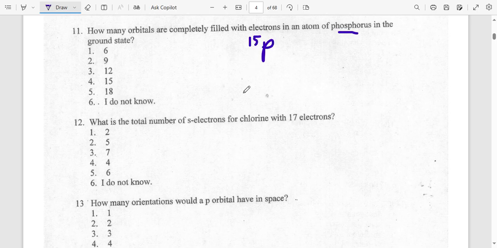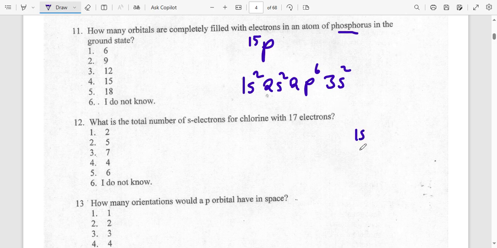When you are filling orbitals, you first fill the 1s orbital with 2 electrons, and then the 2s orbital with 2 electrons, and then the 2p orbital with 6 electrons. From 2p, we go to the 3s with 2 electrons. How many have I used up so far? This is 12. I'm remaining with only 3. So how do you fill the orbitals?